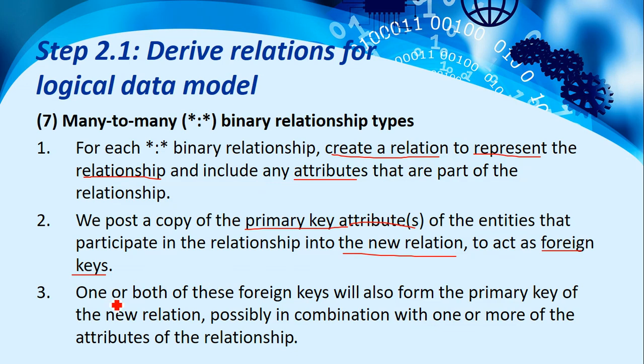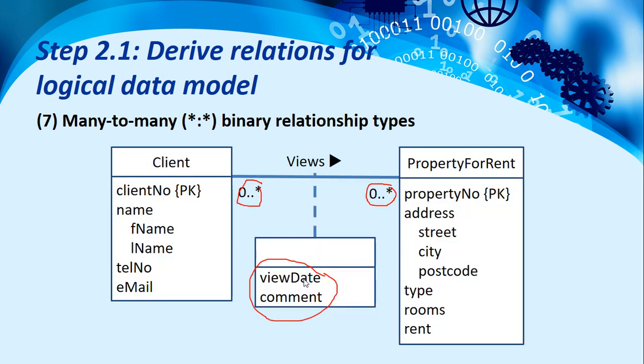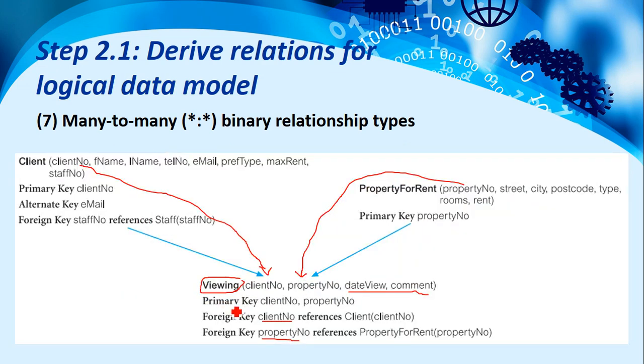And then last statement, one of these foreign keys, one or both pala, will form as the primary key of the new relation. Kaya, kung napansin nyo, primary key, client number, no? Itong client number at property number na naging foreign key for this new relation, ginawa silang primary key.